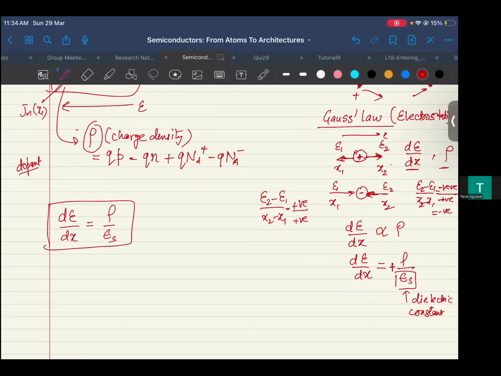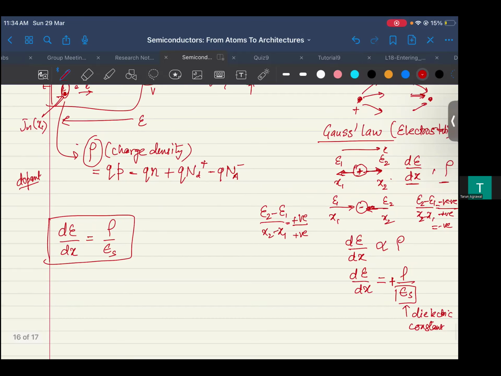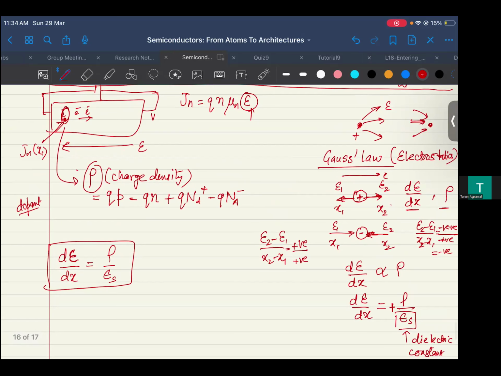Now you will say, okay, that is very good, but that means now I can relate my electric field to my charge by this relation. And from charge, when the charge is there at a particular point, I know what the electric field is. And when I put that electric field in my drift equation, I can get the current. Wow.